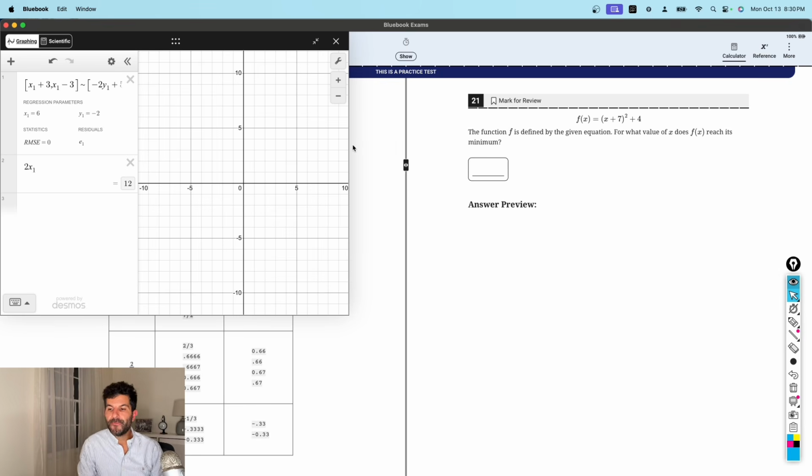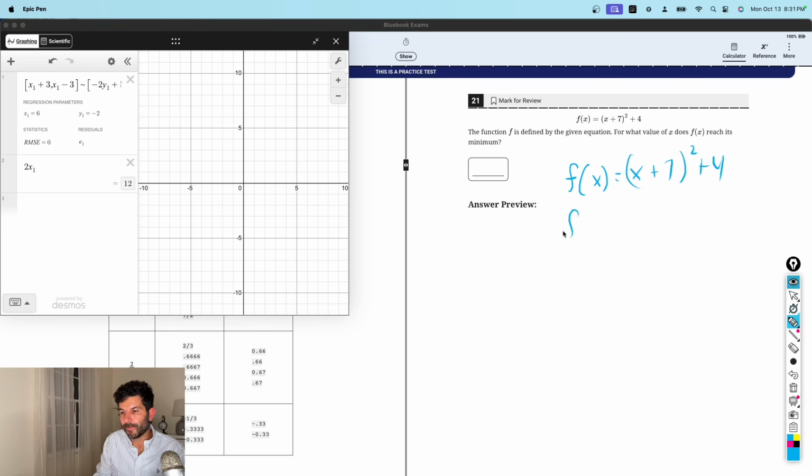21. The function f is defined by the given equation. For what value of x does f of x reach its minimum? So this again is an algebra 2 question. This is a quadratic function that is in vertex form. So vertex form, which is not terribly difficult to comprehend, is f of x equals x minus h squared plus k, where h, k is my vertex, okay?